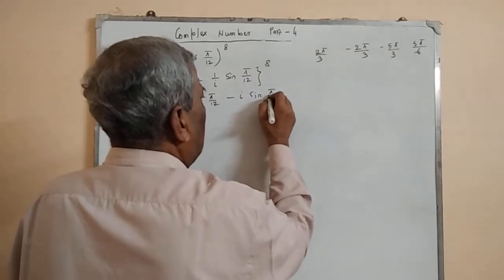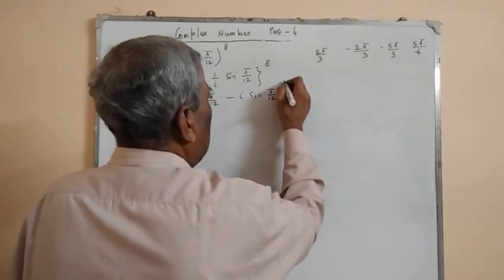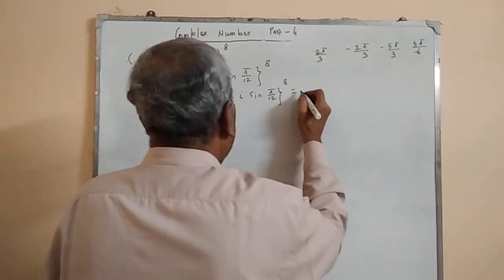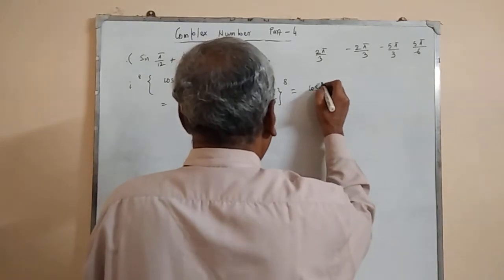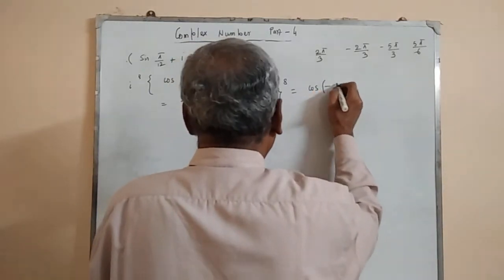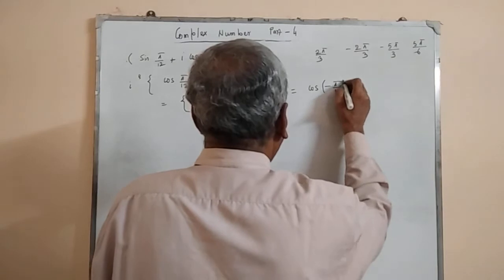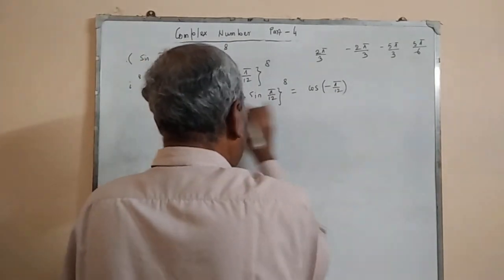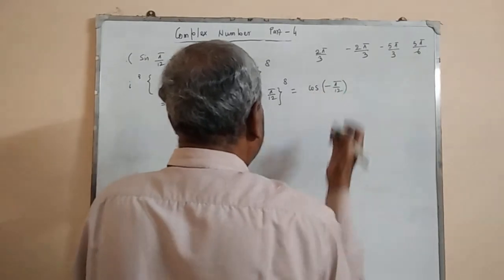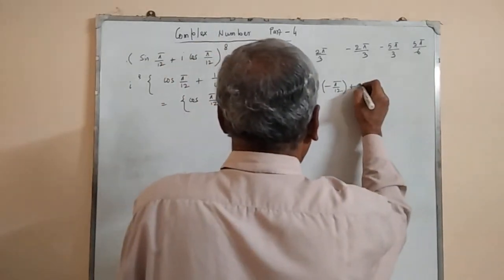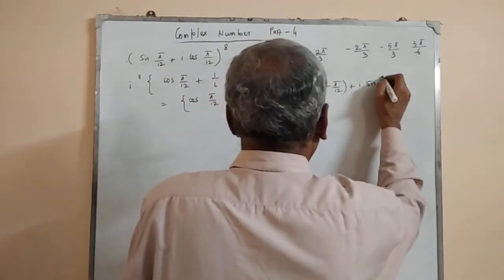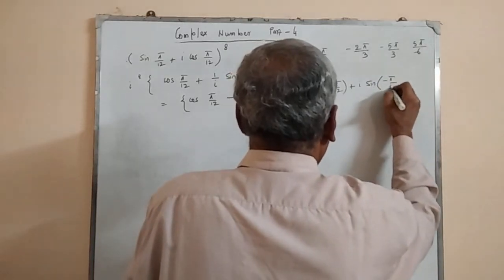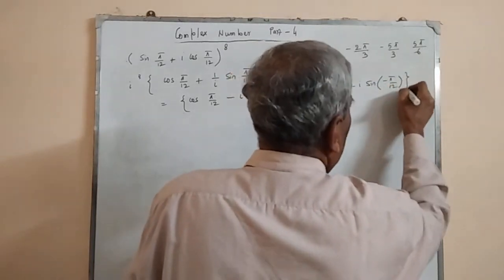This equals (cos of minus pi by 12 plus i sin of minus pi by 12) to the power 8, because cos theta and cos of minus theta are the same.